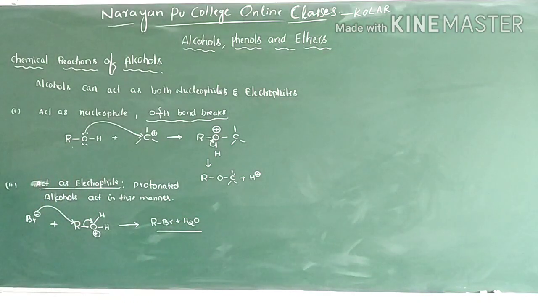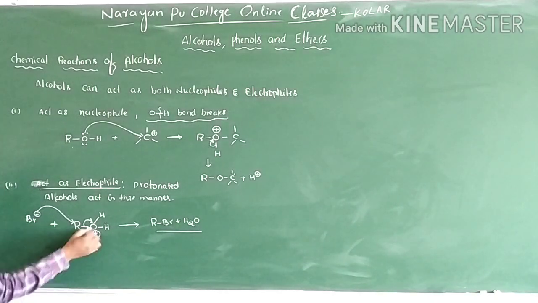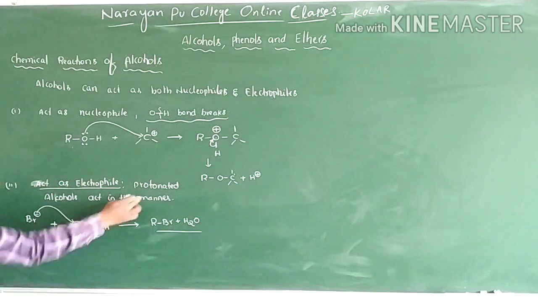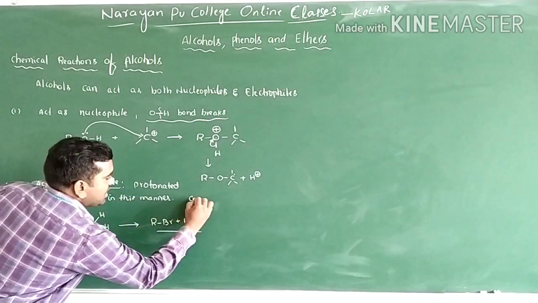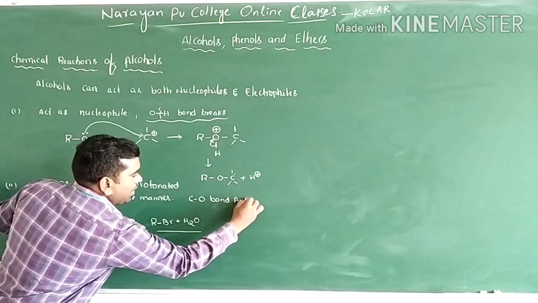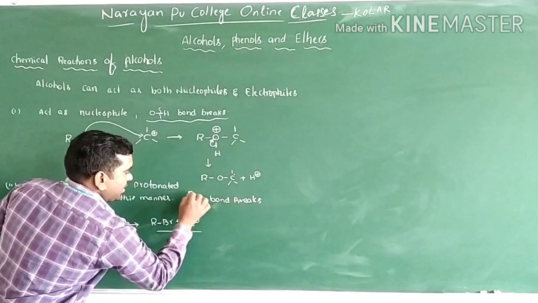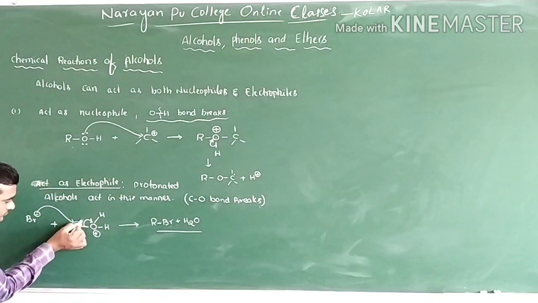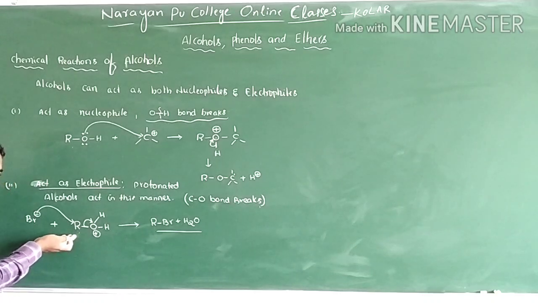Now in this case, which bond breaks here? CO bond breaks when it acts as an electrophile. This is important. Here this is the alkyl group, which means carbon.